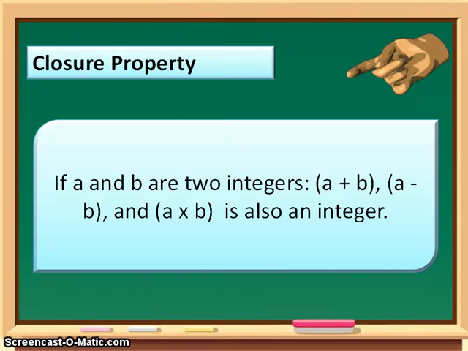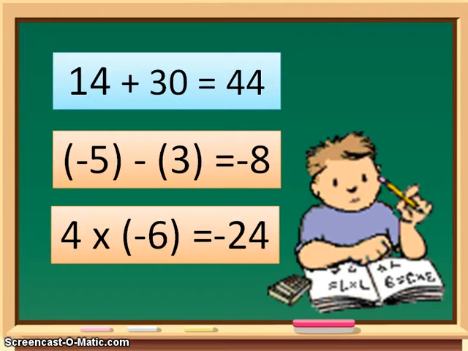Closure property states that if a and b are two integers, then the sum of a and b will be an integer. The difference of a and b is also an integer, and the product of a and b is also an integer. Let's have this example.